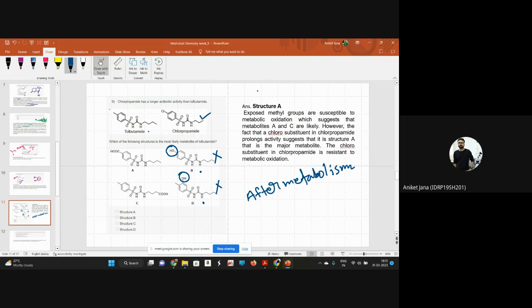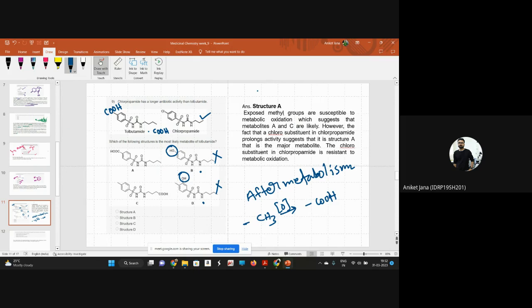So by the metabolic oxidation, this methyl group can be oxidized to the COOH group. It is a very common reaction that a CH3 group by oxidation is converted to the COOH group, a carboxylic acid moiety, by the metabolic oxidation.